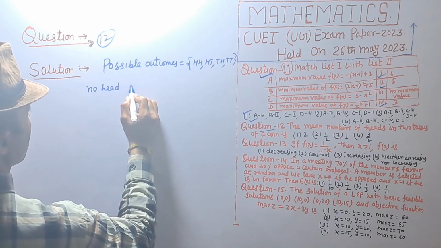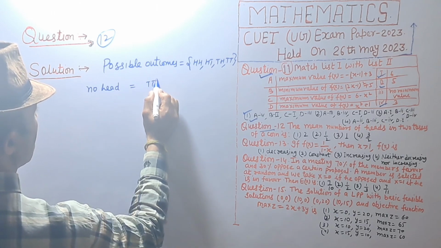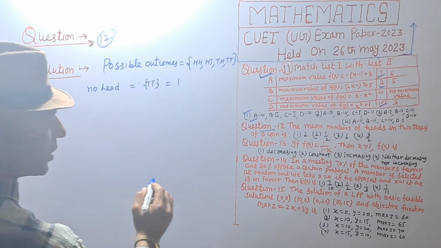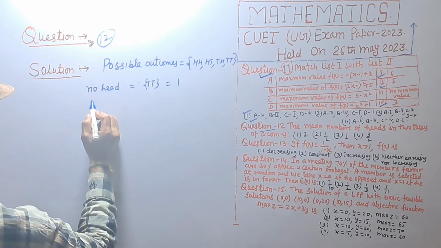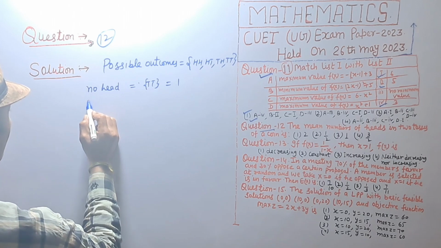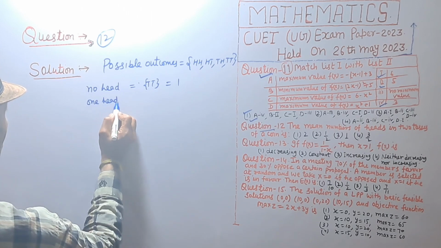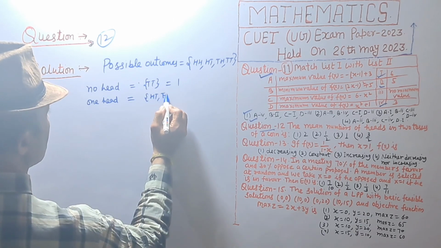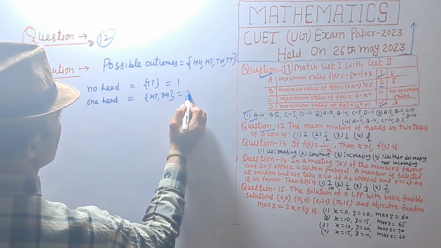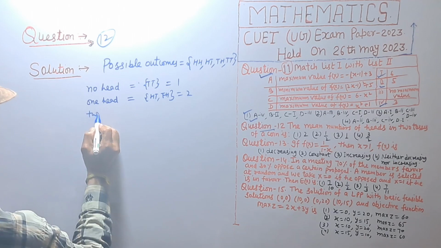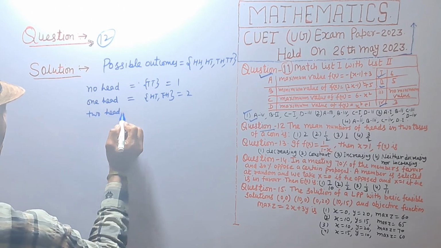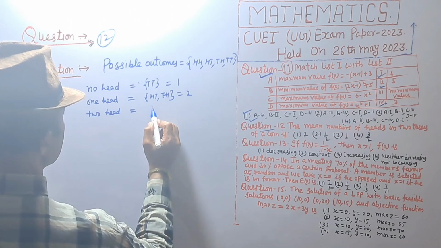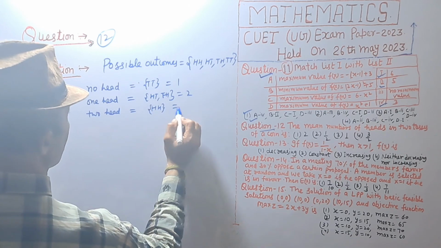No head, that is tail tail, equal to 1. One head, that is head tail or tail head, 2, and 2 heads, that is head head, equal to 1.